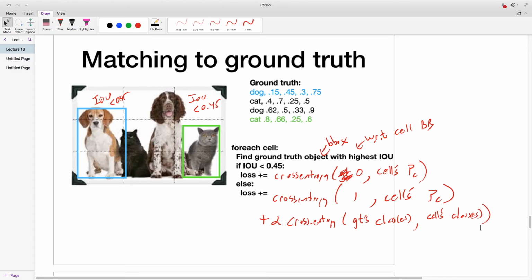And when I say the cell's classes, what I really mean, if we're talking about this cell, is the 9th output we had, or in the case where it was convolutional, the bottom right one. That slice. Plus some beta times what? Yeah, L1 or L2 loss of the ground truth bounding box and the cell's bounding box.